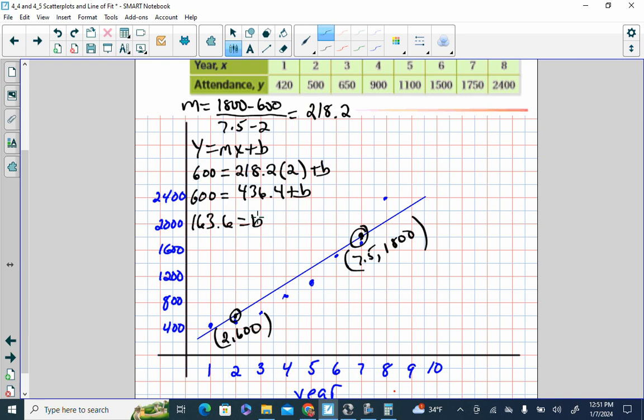Then, let's interpret the slope and y-intercept. The slope is 218.2. That means that attendance increases by 218.2 each year.